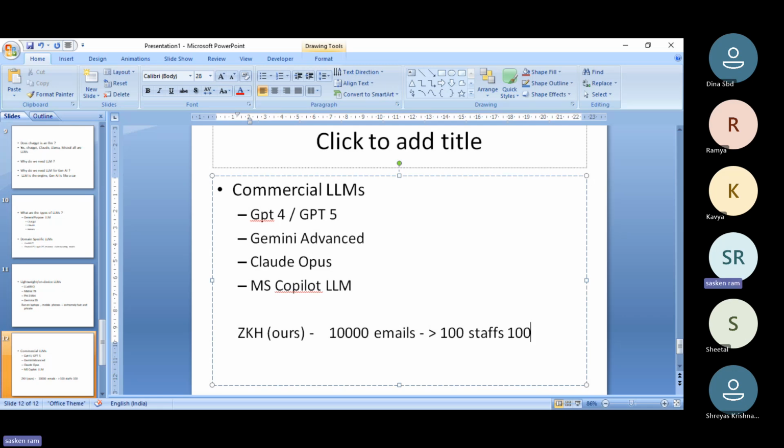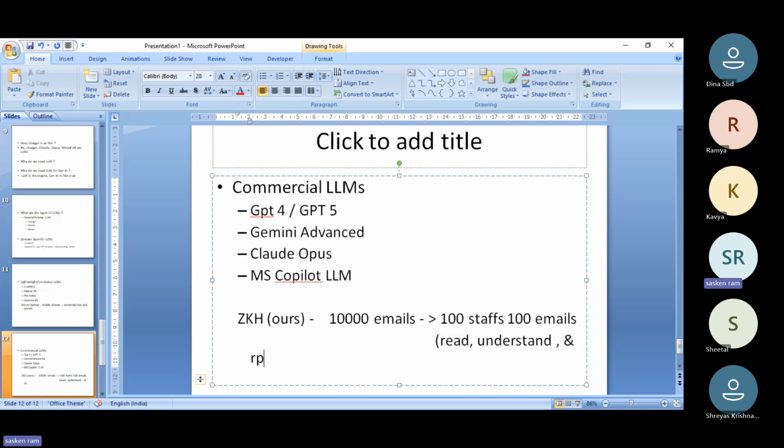100 staff. Each staff should read how many emails? 100 emails per day. They have to read it and understand it. And based on the understanding, they need to reply back to the customer, right? Here the 100 staff have to read, understand, and reply back to each customer.